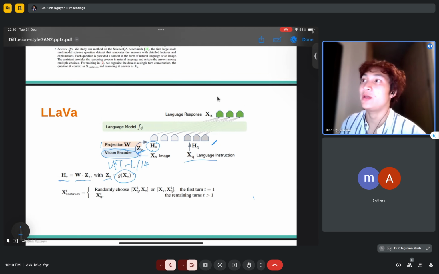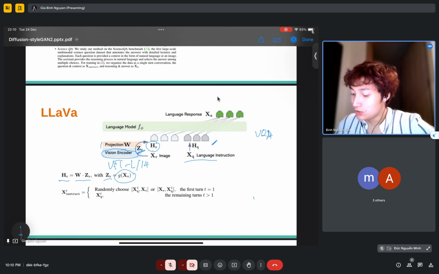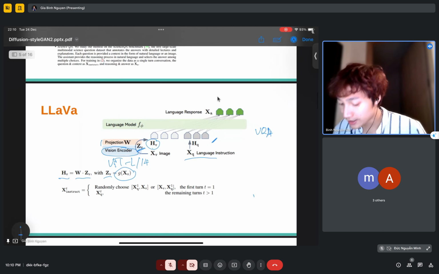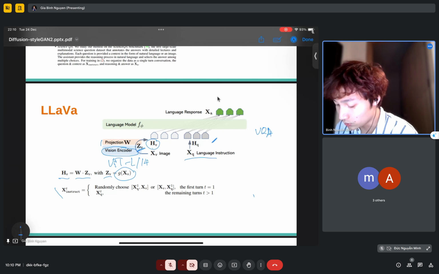So now we know that LLaVA is used for the VQA task, so we need data to put into the model to train, right? Here is the input of the model, which includes X_Q and X_V.